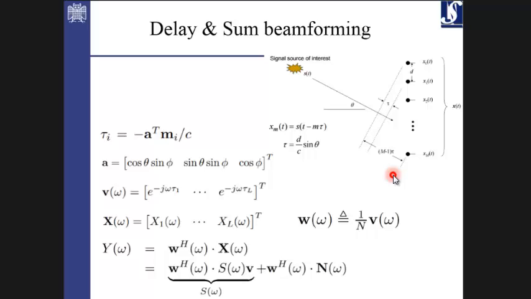The Hermitian is conjugate and transpose both at the same time, so it becomes 1, e to the power of plus j omega tau 2, e to the power of plus j omega tau 3, and so on, times V. If you apply this, the positive and negative phases cancel each other when you sum them up.